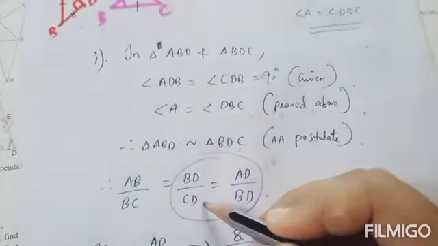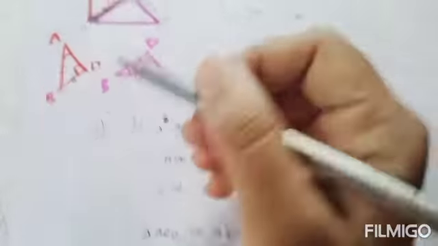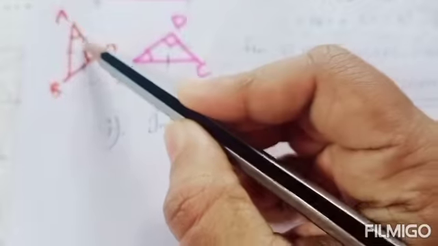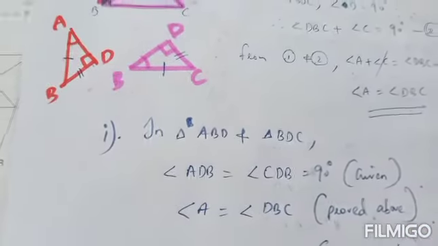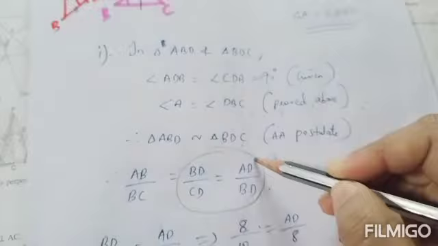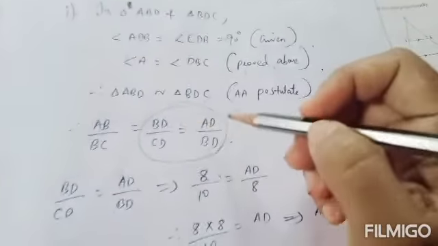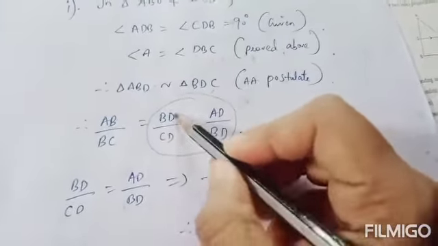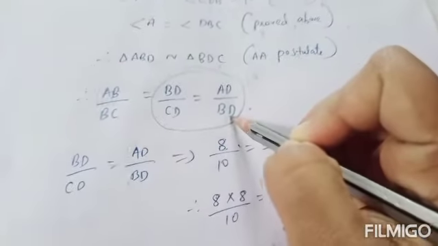So BD by CD equal to remaining one pair of sides you will get, that is in the first triangle it is AD and in the second triangle it is BD. So AD by BD. Now you need to take these two ratios, BD by CD equal to AD by BD.